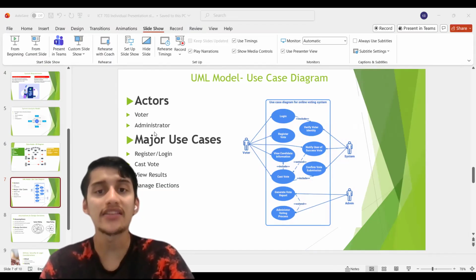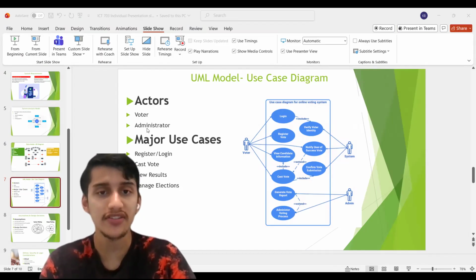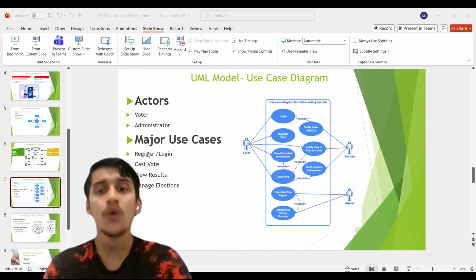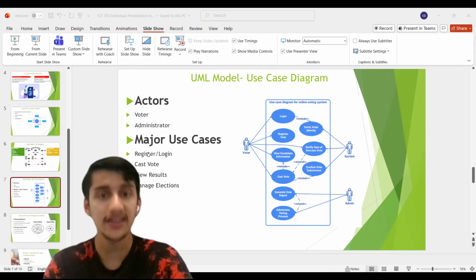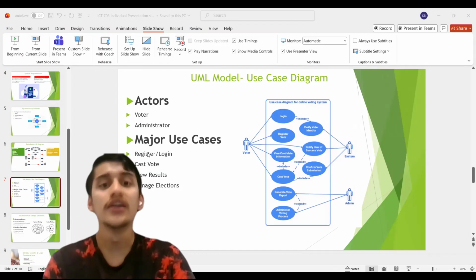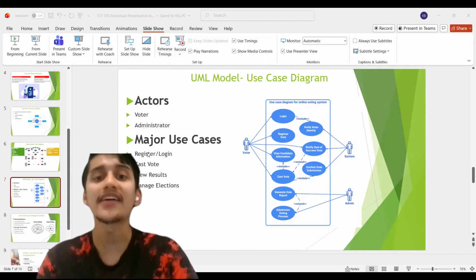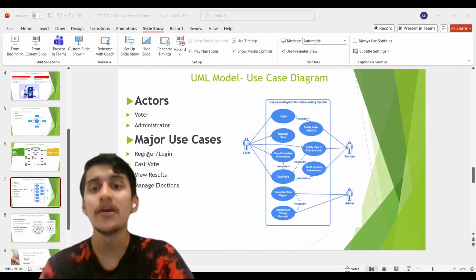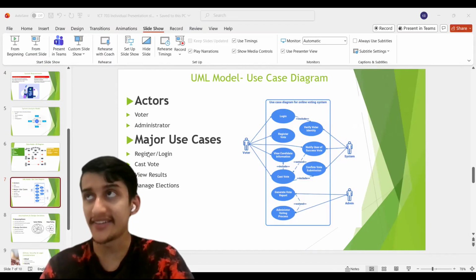Voters can register, log in, cast votes, and view results, while administrators manage elections and system operation during the election time. This diagram clearly defines the roles and permissions, making the system easier to understand and validate.